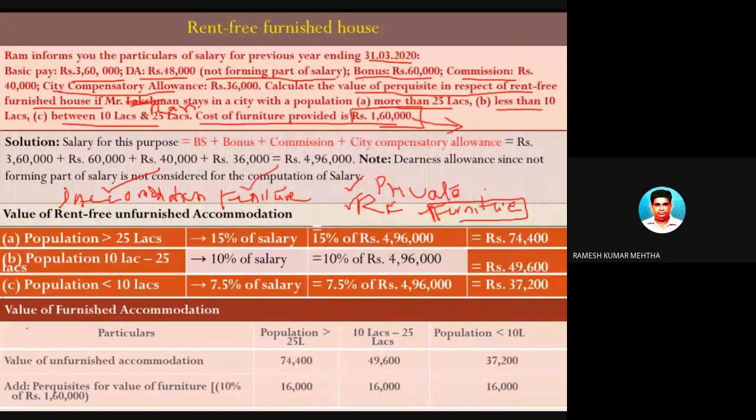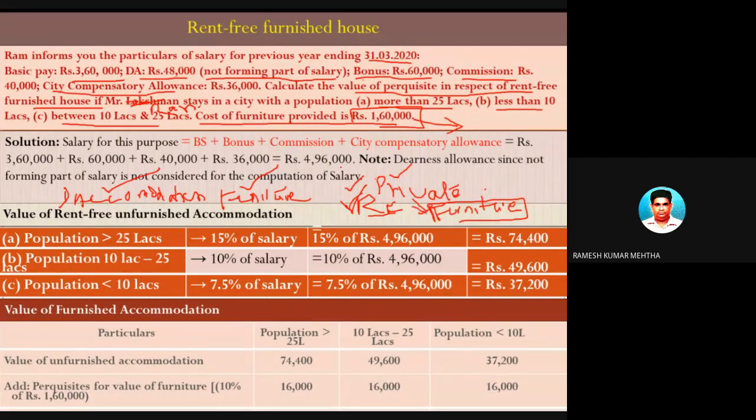These two values you have to find out, and whatever value you arrive at will be the taxable value of the perquisite. So again I am repeating, very important. The employee is a private employee. Number two, he is provided with rent-free accommodation, where the employer charges zero, meaning nothing is collected back from the employee.